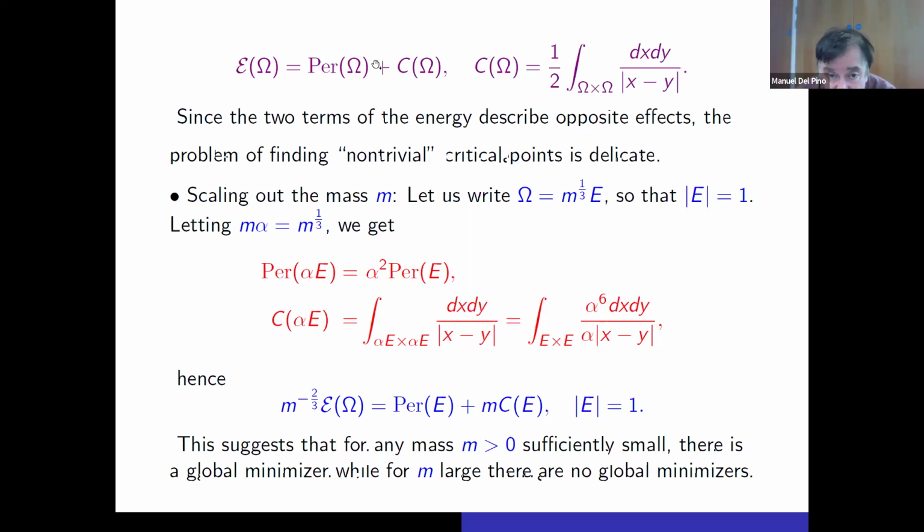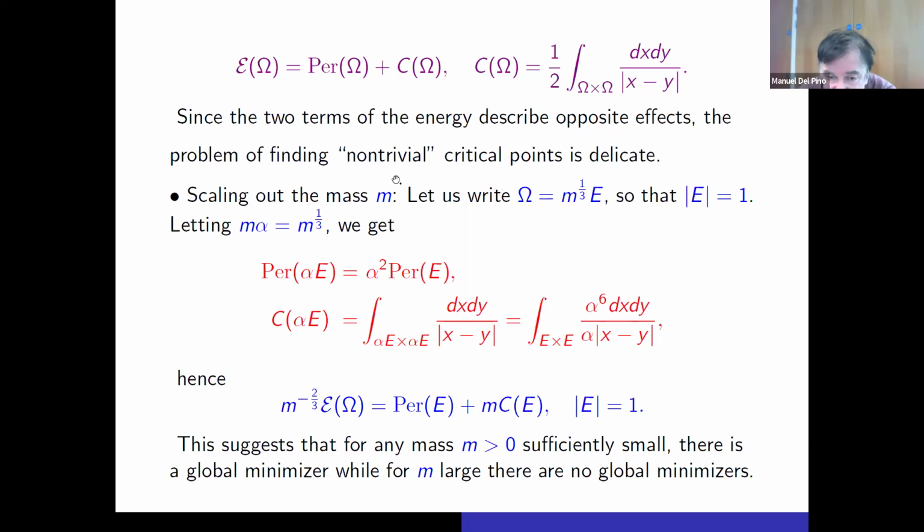It turns out that for small volume, the perimeter part in the energy turns out to be dominating compared with the Coulombian part, okay? So you might think, okay, well, the functional is a small perturbation of this perimeter functional, and the perimeter functional has a minimizer, which is a ball. And therefore, if we perturb it with a comparatively smaller guy, the minimizer should still exist, and even hopefully be balls too.